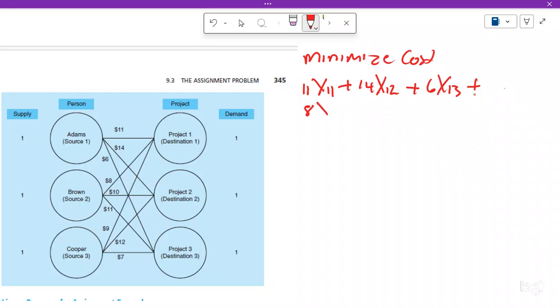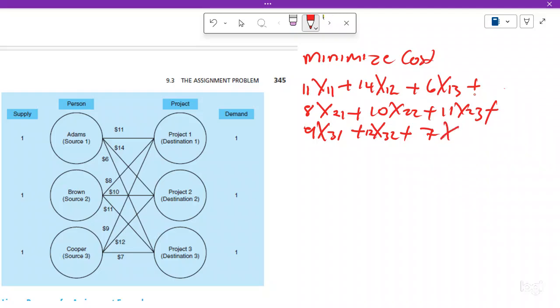This is 8 x13, this is 2, plus 10 x22, plus 11 x23, plus, going down there, 9 x31 plus x32 with a figure which is 12, plus 7 x33.